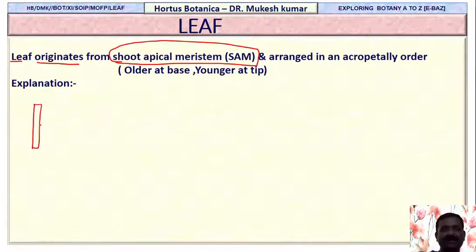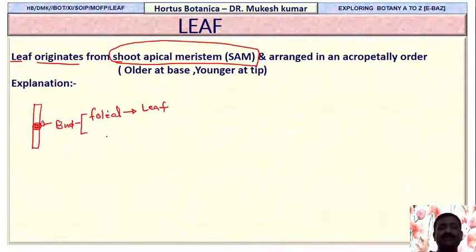Here you have a node, and from this very node, first a bud will be there. If this bud is going to be a foliar bud, then it is going to give rise to a leaf.